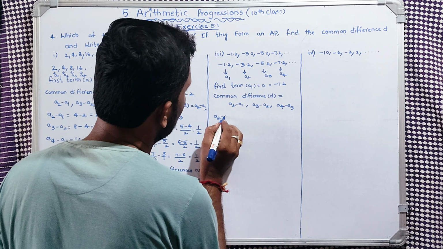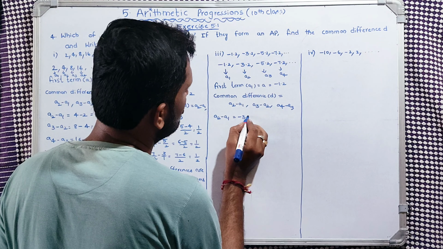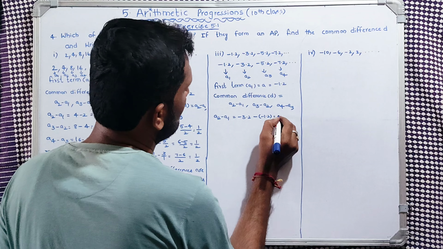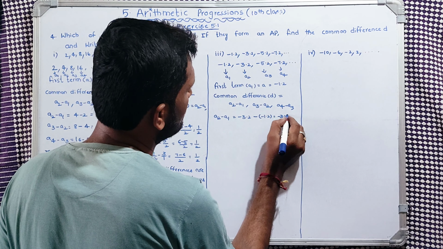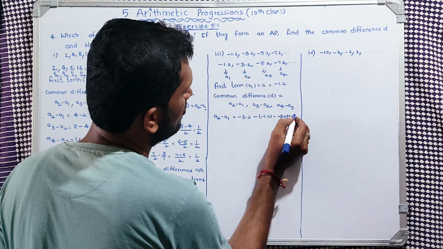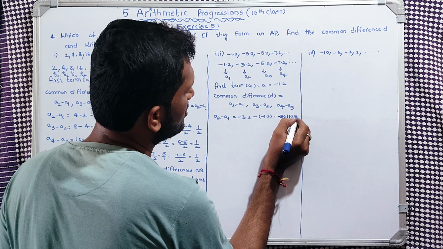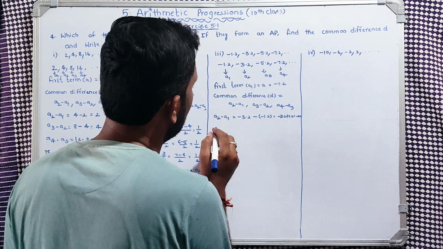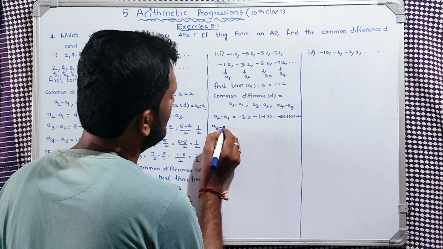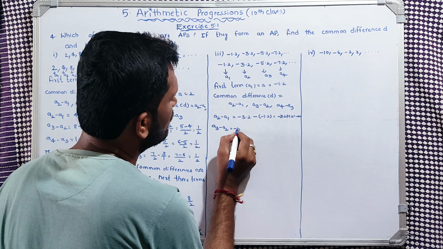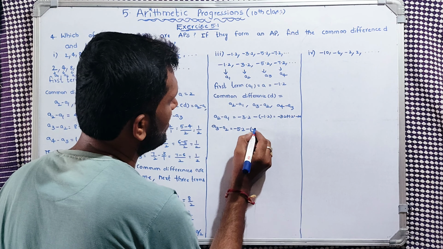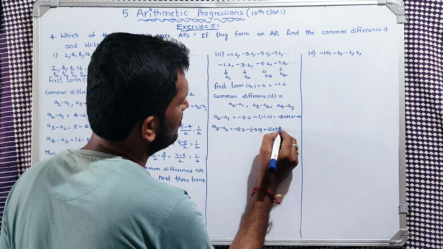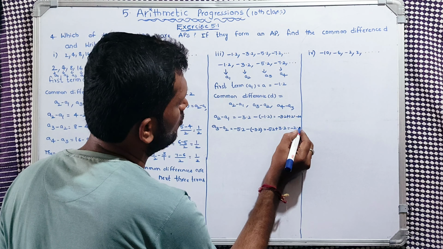First of all, A2 minus A1. Here A2 is minus 3.2 minus minus 1.2, which is minus 3.2 plus 1.2. Subtracting 1.2 from 3.2 gives minus 2.0. Next, A3 minus A2. A3 is minus 5.2 minus A2 which is minus 3.2, equal to minus 5.2 plus 3.2 equal to minus 2.0.